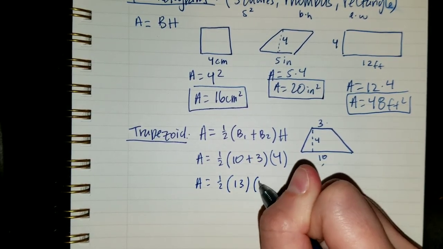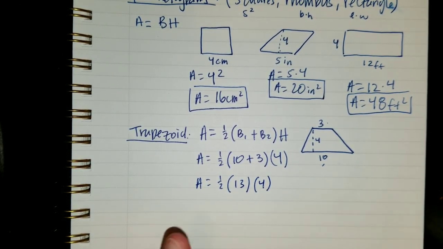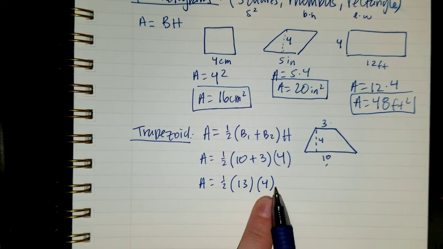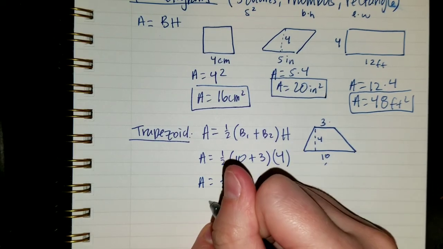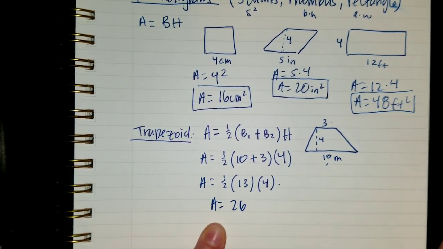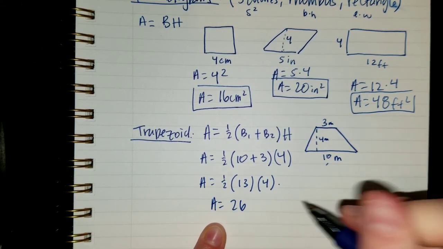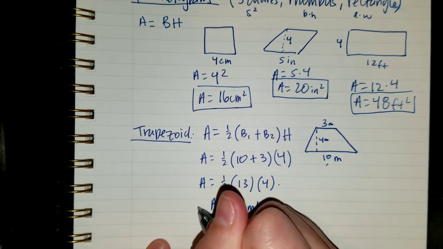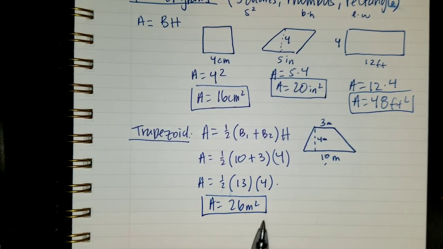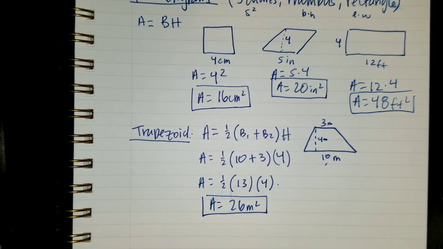We have 13 times 4. 1/2 times 4 is going to be 2. 2 times 13 is 26. I keep forgetting to put the units. If all of these are meters, it's going to be 26 meters squared. We type that in our calculator as well, and we still get 26.